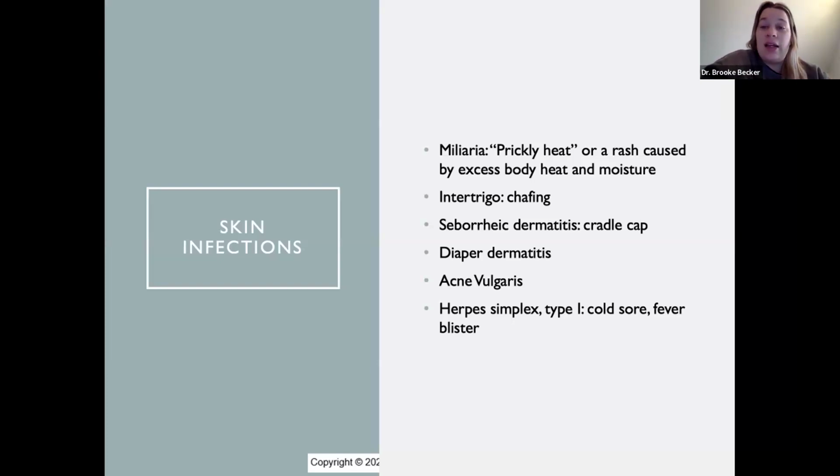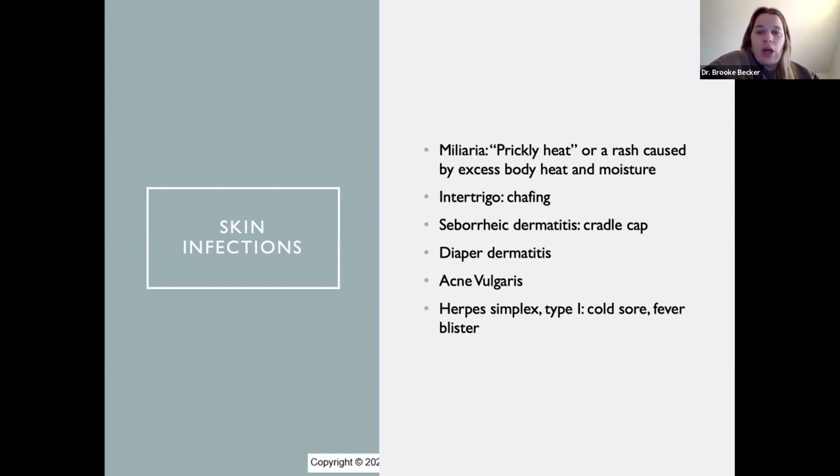So if they're going to use anything to try and improve the cradle cap, use mineral oil or baby oil, and then a soft bristle hairbrush. So put that baby oil on, let it soak for a little bit, use that soft bristle hairbrush to scrub, and then have them wash their hair. Otherwise, it will be really greasy. Okay.